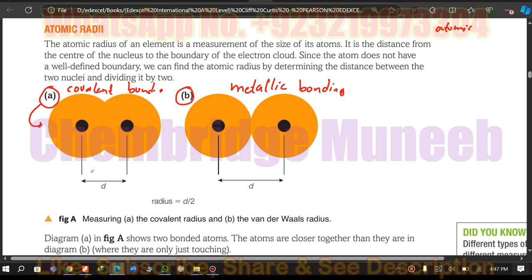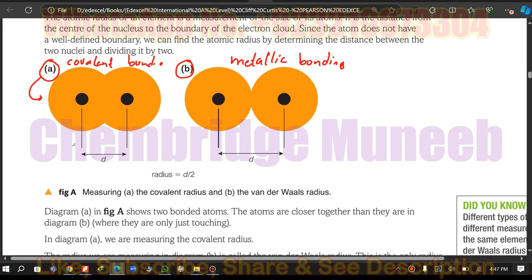In covalent bonding, you know that the orbitals are basically overlapped with each other. They are overlapping. That's why there is a sharing of electrons in covalent bonding. Because of this overlapping, we should now determine the radius.